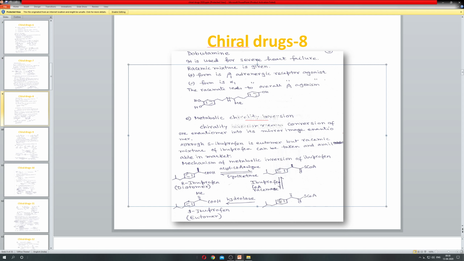So in this step, the inversion, this is R and it is getting converted into S. Now the third and last step is hydrolase, meaning hydrolysis will happen and it will be converted into the carboxylic acid. So in this way, by taking the help of different enzymes, R ibuprofen gets converted into S ibuprofen. This is a very good example of metabolic chiral inversion.